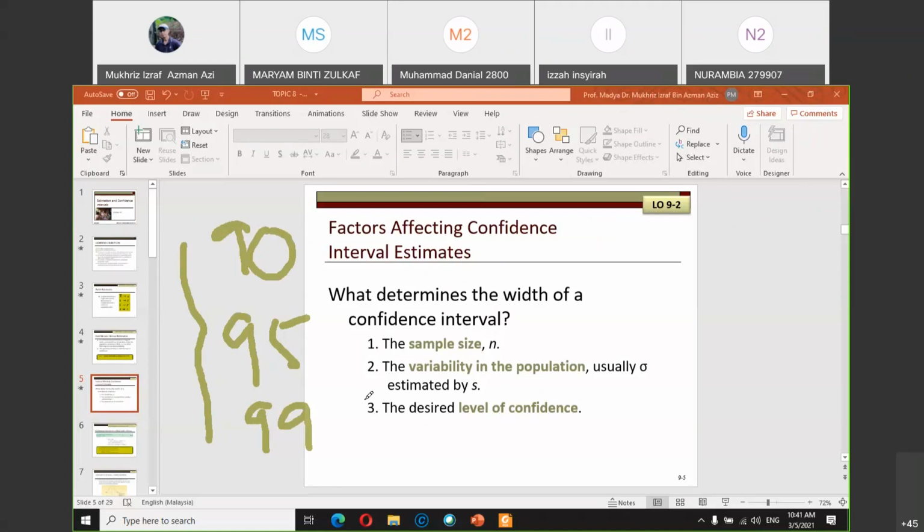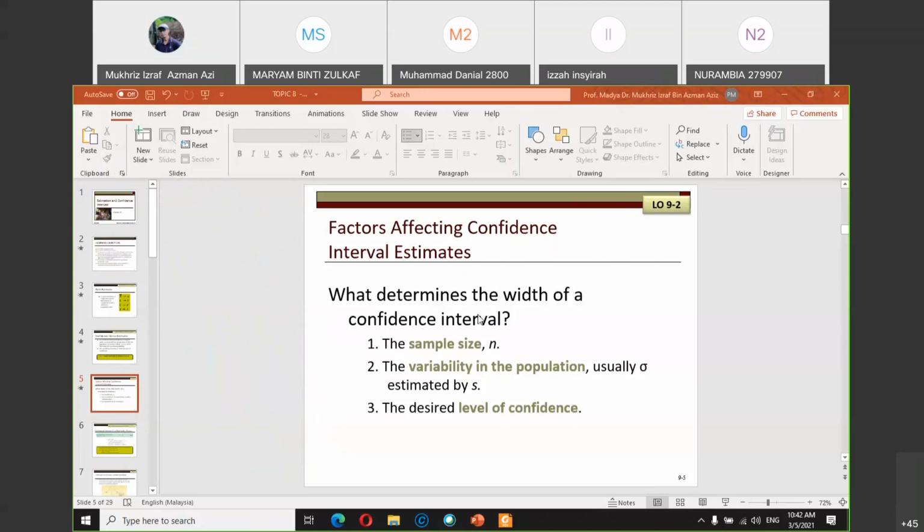Of course, you can calculate other values as well, but whenever you do research, or even use computer programs like eViews, Stata, SPSS, the common options provided in the software will be these three: 90, 95, and 99. So this is what we will be focusing on. Most of the questions from the book will focus on these three values.